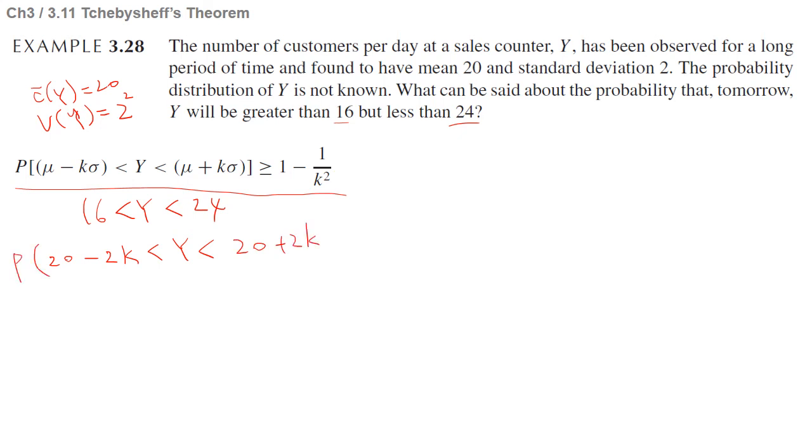Then to make this 16, k equals 2. Then this domain is this one, and so this is 1 minus 1 over 2 squared, and this is 3 over 4.